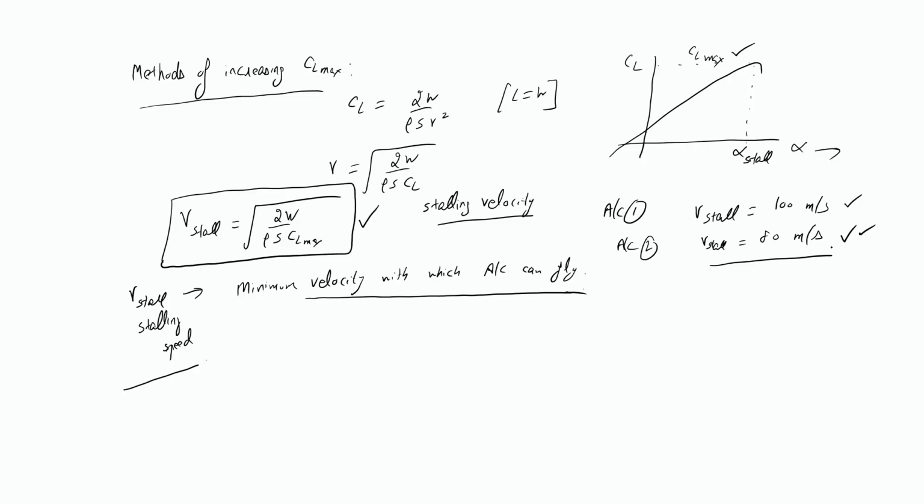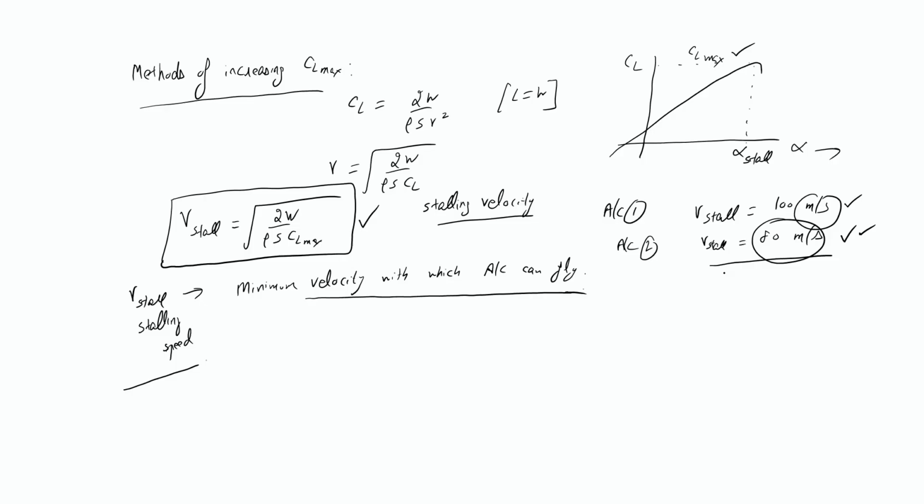If the minimum speed is 80 meters per second, then as soon as the aircraft achieves 80 meters per second, technically speaking, it can take off. Of course, there is a factor of safety, but the point here is that the aircraft only needs to go to 80 meters per second and then it can take off safely.